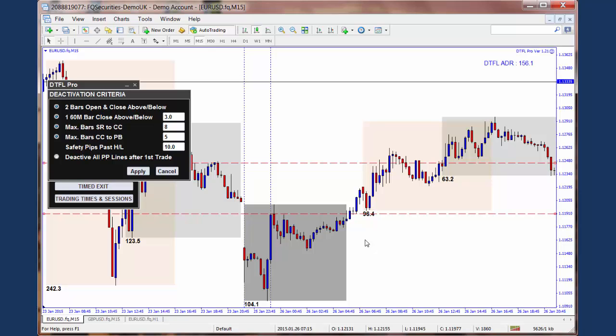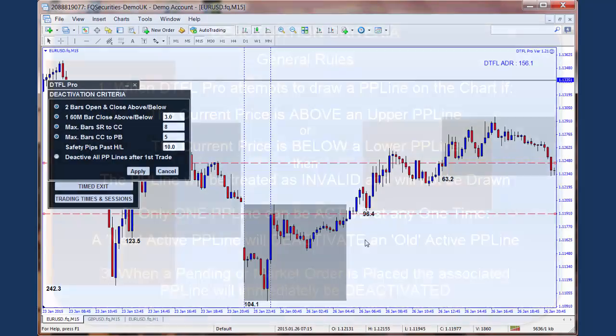So it would have been blue in the set state, then it would have gone to green when the stop run had occurred, then there would have been a confirming candle, then a pullback, then an entry, and as soon as a pending or market order has been placed, that PP line would then be deactivated.